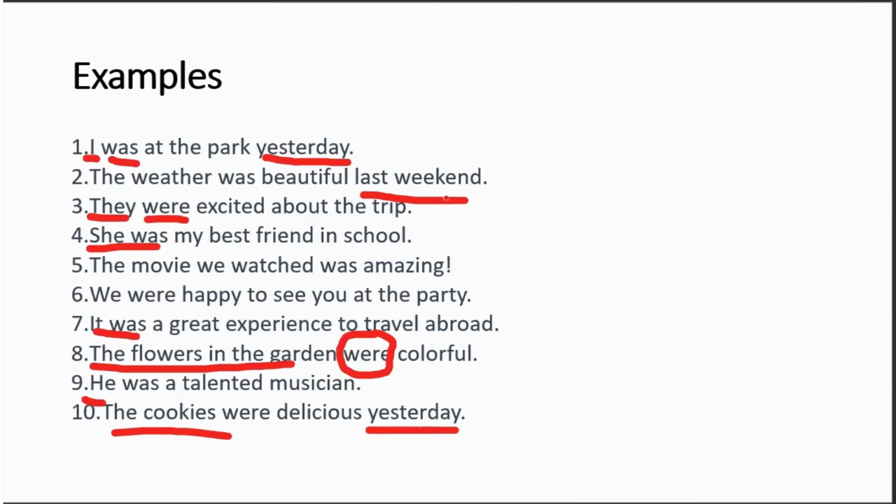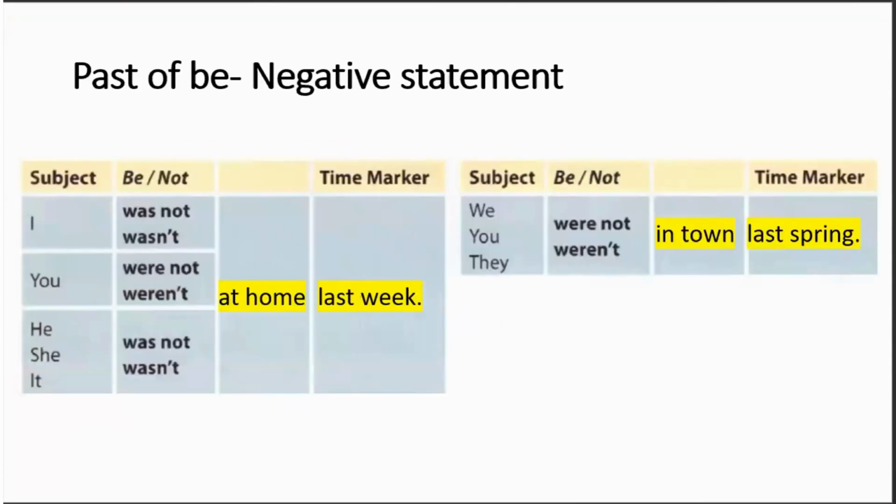Now let's look at how to form negative statements using past of be. We have the subject as in the positive statement, then be, and we add not with it. And the rule that if we will use was or were is the same as the positive statements.